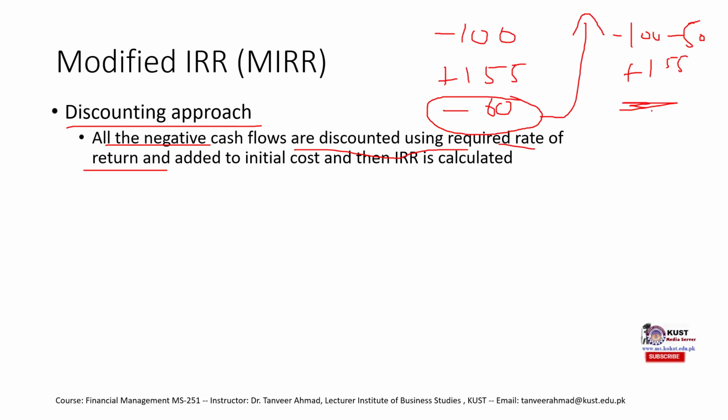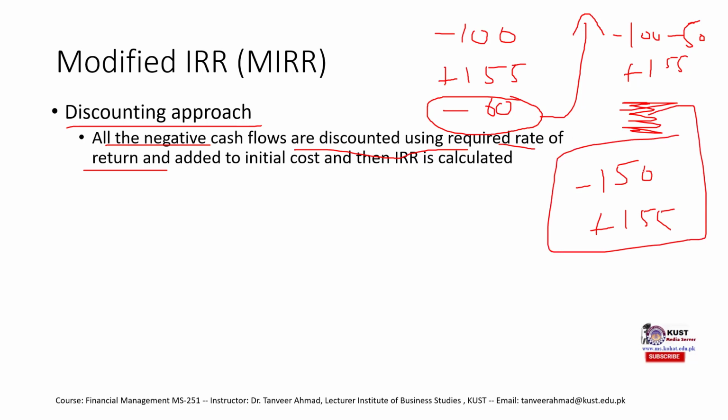There would be no other cash flows because this had been converted into present value. If we add them up, then we would have minus 150 and plus 155. Now you would notice that these are conventional cash flows. They are no more non-conventional cash flows. So the step is to convert non-conventional cash flows into conventional cash flows and then find IRR.